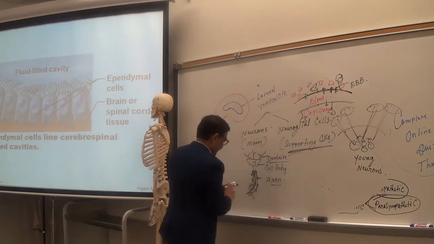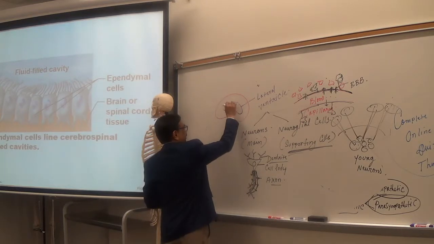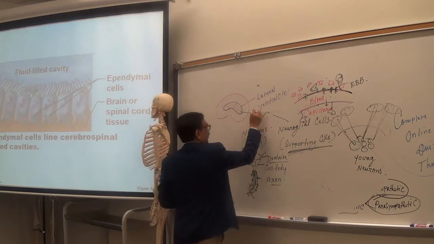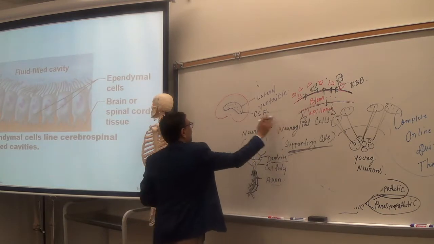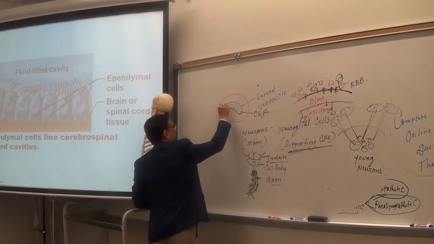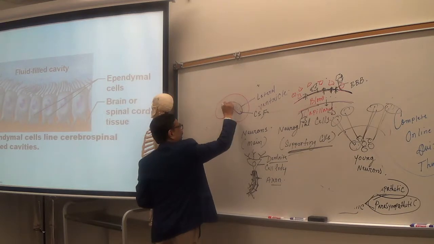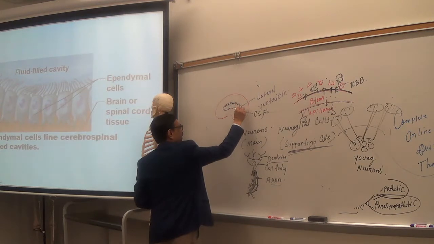This cavity is filled with fluid called the cerebrospinal fluid, CSF. Okay? And in the wall of these ventricles, you have the ependymal cells, another type of neuroglial cell.